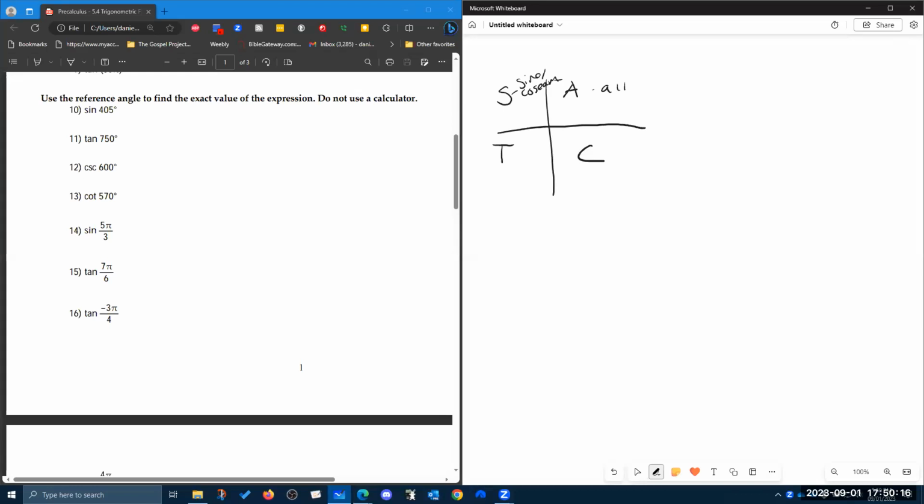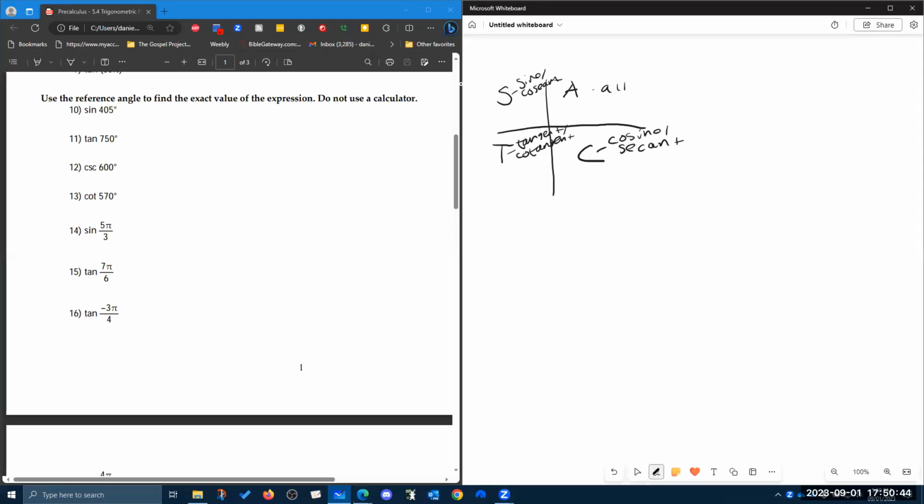Everything else is negative. T is for tangent and its reciprocal cotangent, which are positive in quadrant 3. Everything else is negative. And C stands for cosine and its reciprocal secant. All the other 4 are negative in quadrant 4.